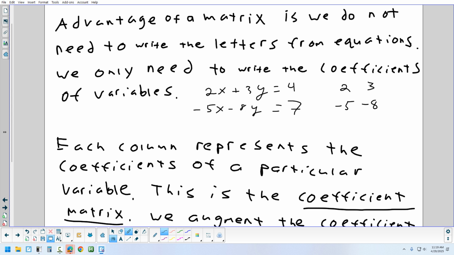The first column in this matrix represents my x's, the numbers that were in front of x. The next column is going to represent the numbers that were in front of y. That's how we always do it. Our columns are always going to represent, in alphabetical order, x, then y, and if we're doing 3 variables, z.